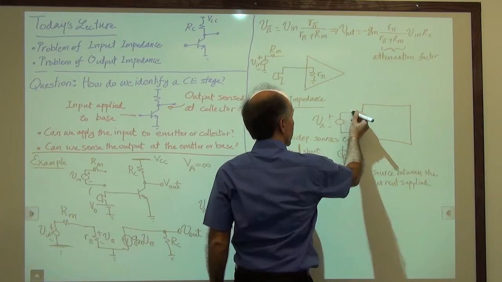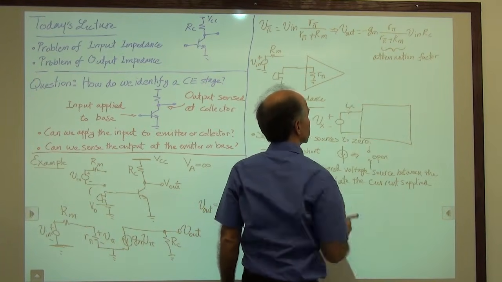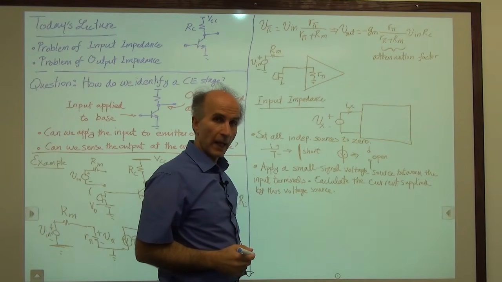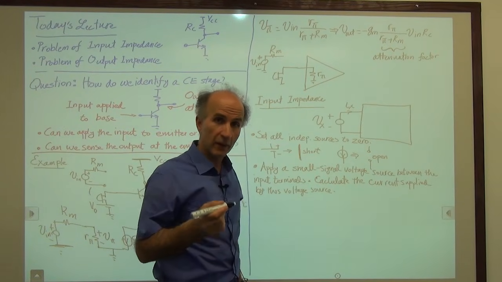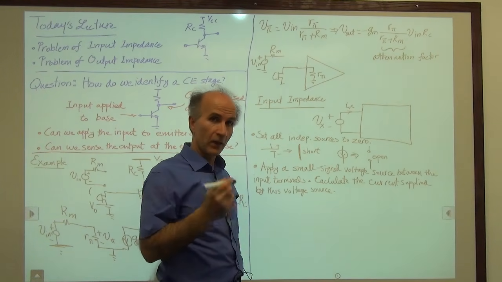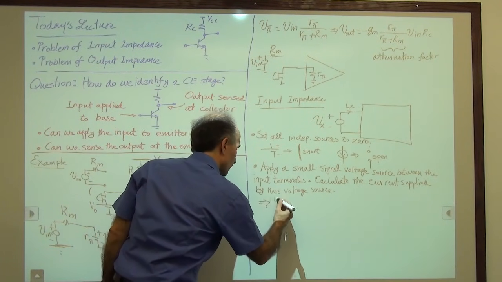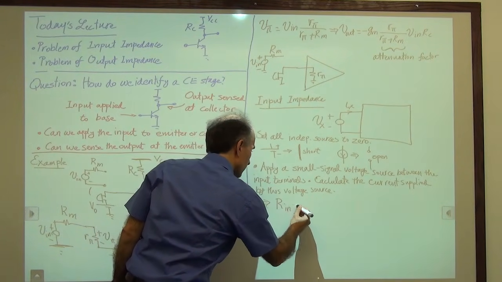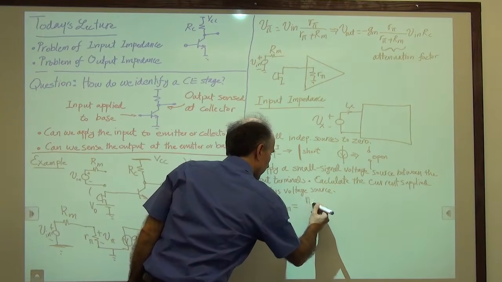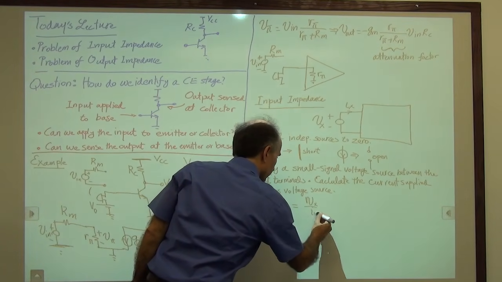So we call this current Ix. And the input impedance, input resistance, is defined as Vx over Ix. So we call Rin as Vx over Ix.